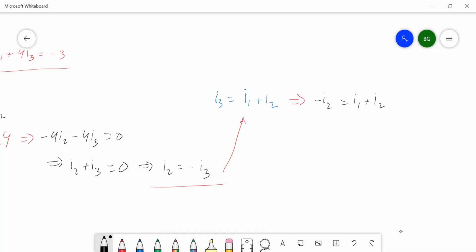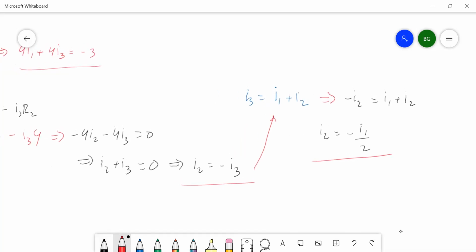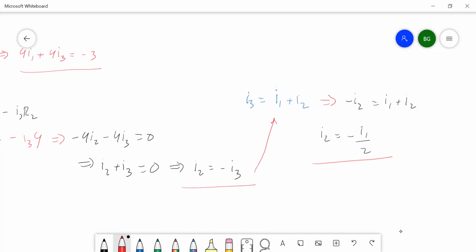So I2 is minus I1 over 2. Anything else? Any question?